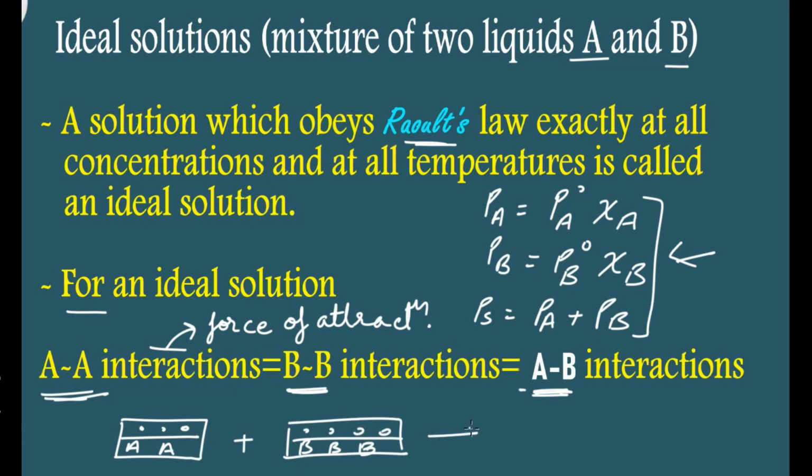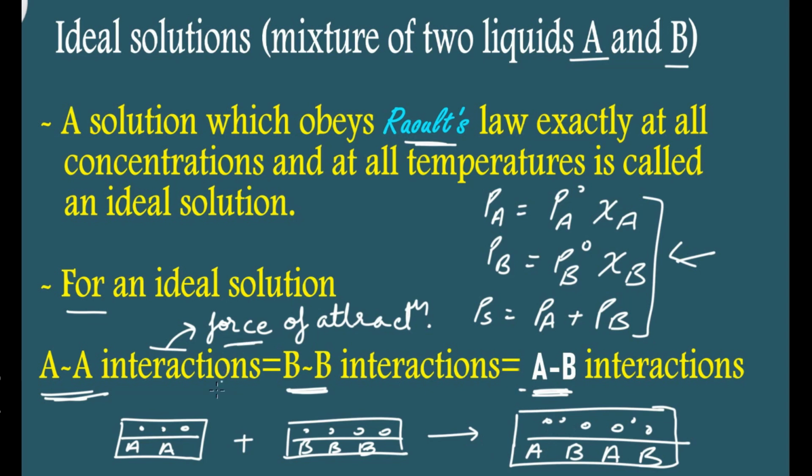When you mix these two solutions, you will have a container in which A and B both are present, with gaseous vapors, right? Now, whenever I am talking about interaction, I already told you that I am talking about force of attraction between the particles.